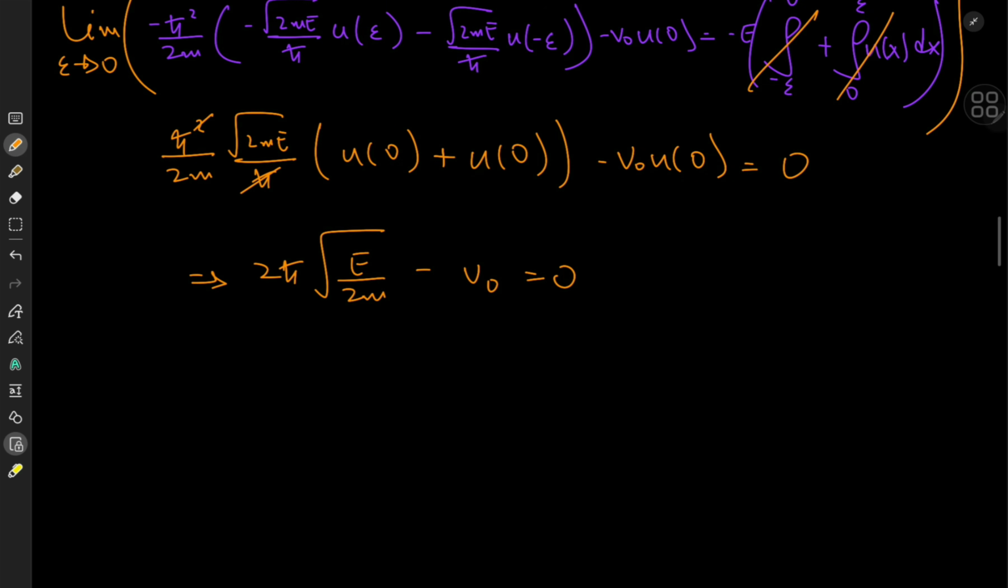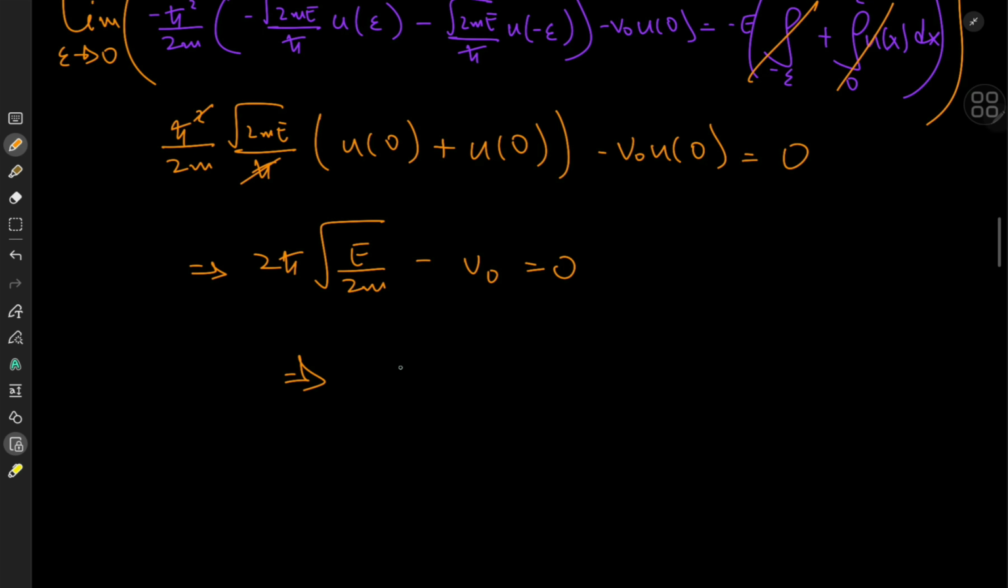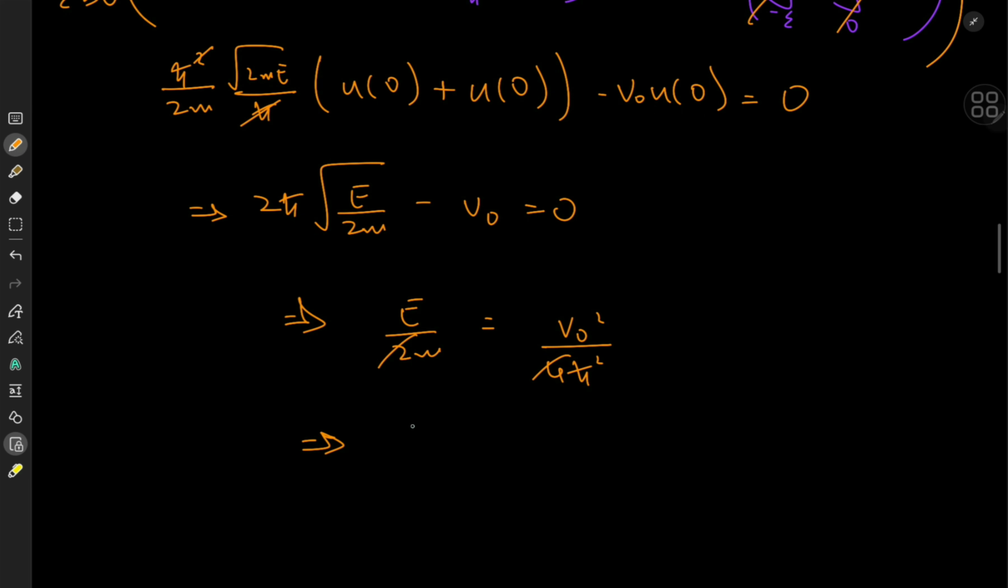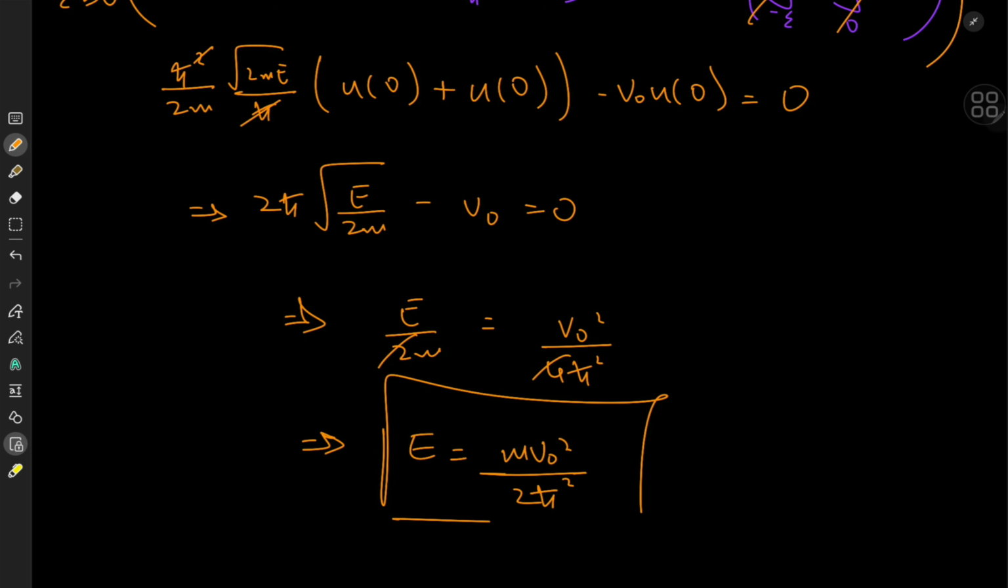And this lets us solve for the energy of the system. So this implies that e over 2m is equal to v naught squared over 4h bar squared. There's again some cancellation, and this implies that the energy of the quantum system is indeed m times v naught squared over 2h bar squared.